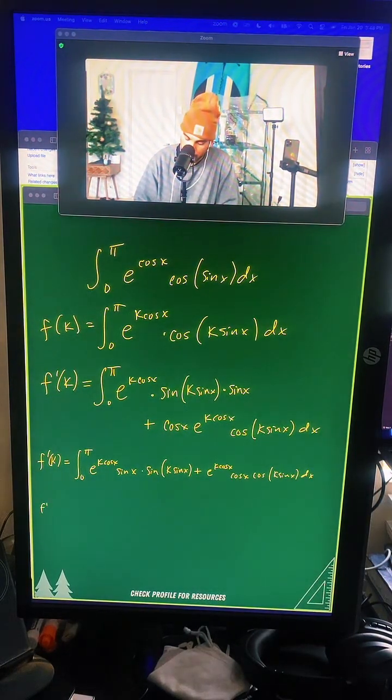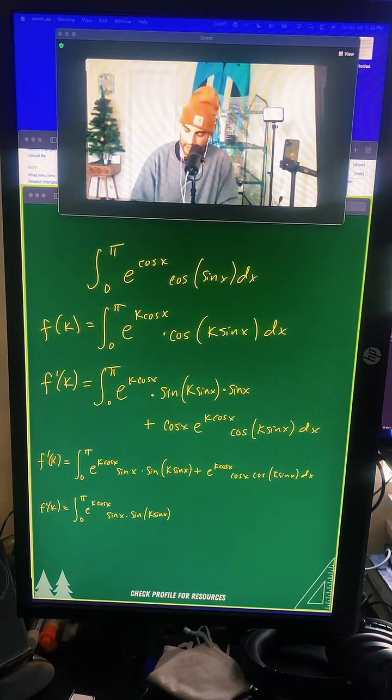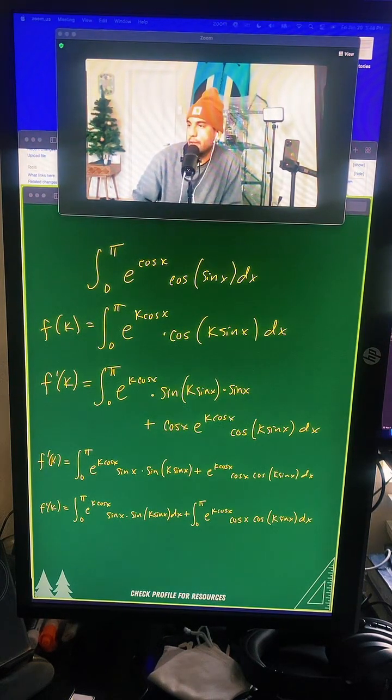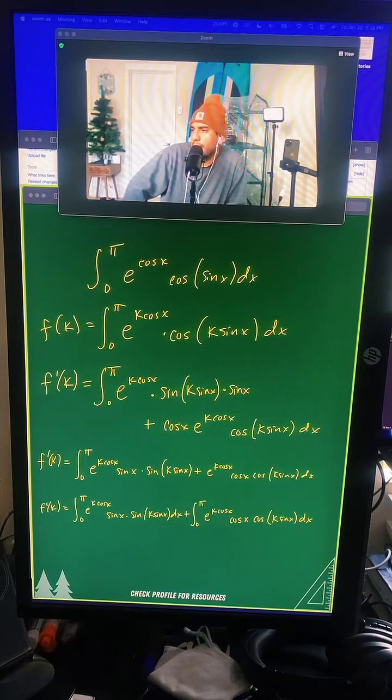So this is going to be f prime of k is equal to, let me just ask, so we don't miss anything, the integral of sine of x times sine of k sine of x dx plus the integral from 0 to pi of the other function, e to the k cosine x cosine x of cosine k sine of x dx. And then factor out cosine from both or just the first one?